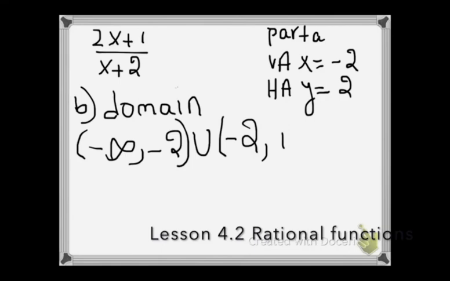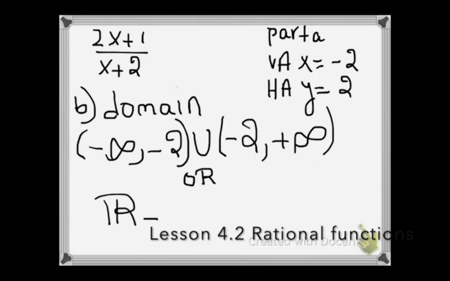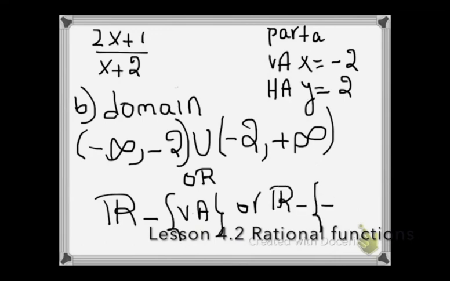Also in this lesson we have another way, which is R minus VA, or R minus 2. We actually use the second way when we have two vertical asymptotes. But when we have one vertical asymptote, we can use either the interval notation or the second. It's up to you.